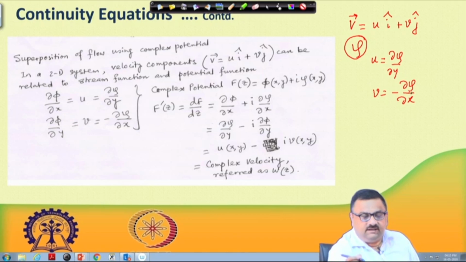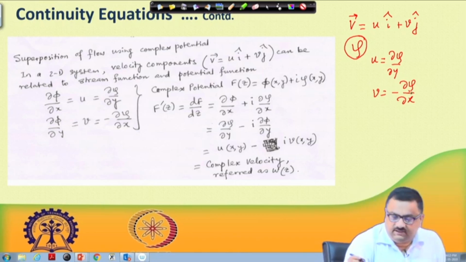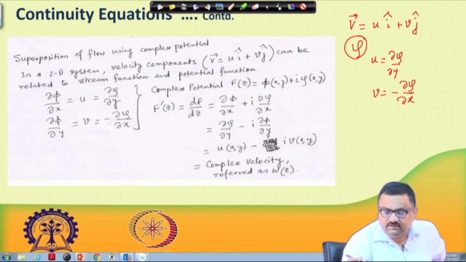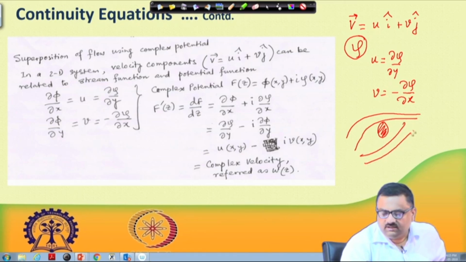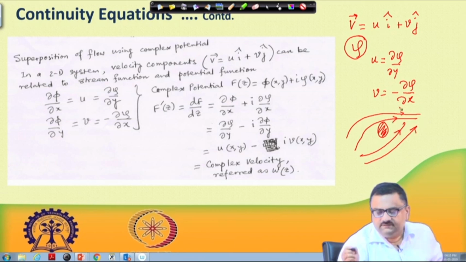The advantage is that we have already said that we call this a streamline. I have an obstruction here and I am seeing the flow taking place like this. So, let us say this is the flow.